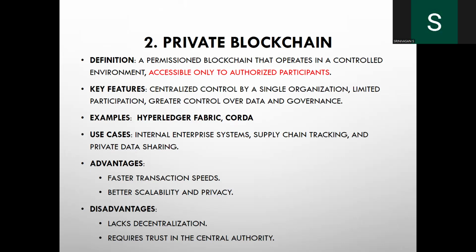So there is great control over the data. The most common examples for private blockchains are Hyperledger Fabric and Corda, and it is used in developing many supply chain applications, and we use it for sharing data more securely. All the enterprises use this kind of blockchain for sharing the data within the enterprises.